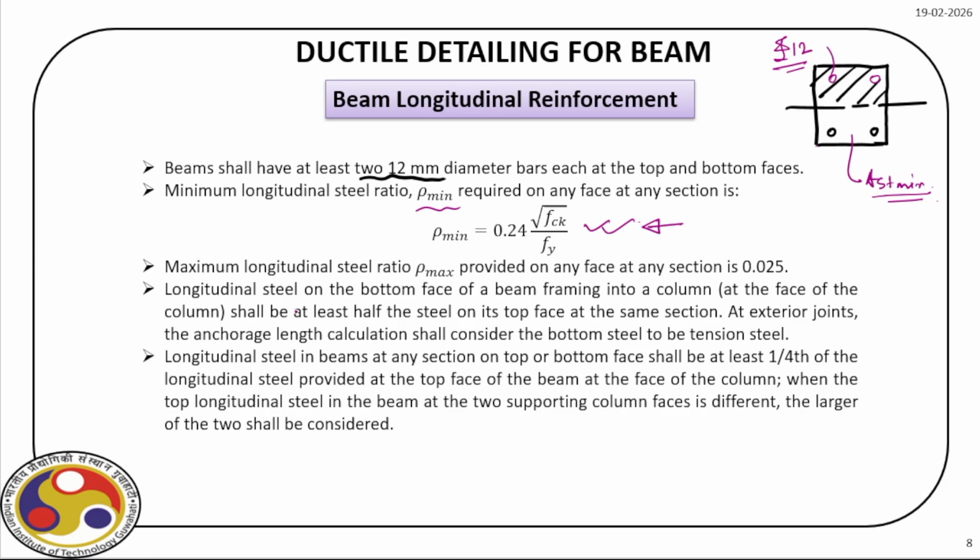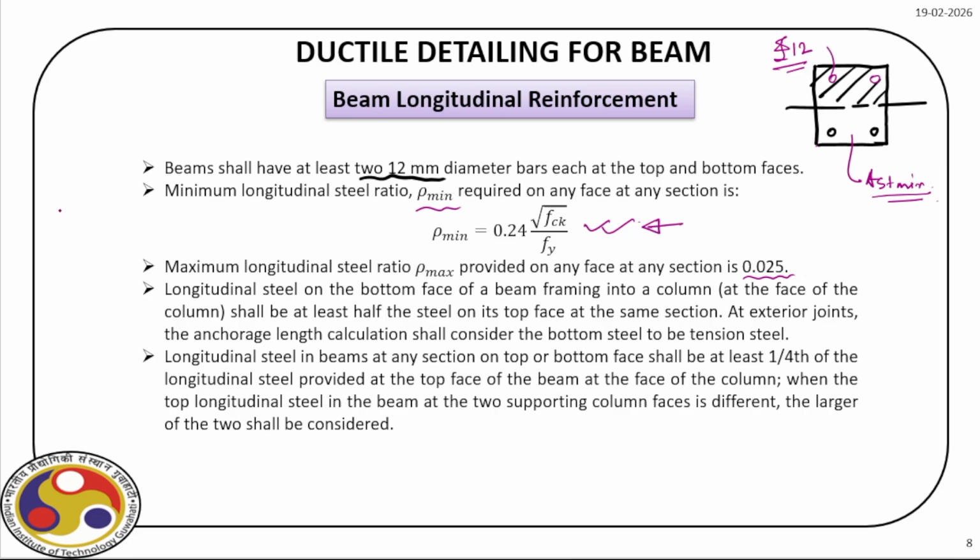So maximum longitudinal steel ratio, rho max, provided on any face at any section is 0.025. Then longitudinal steel on the bottom face of the beam framing into a column at the face of the column shall be at least half the steel on its top face at the same section. At exterior joints, the anchorage length calculation shall consider the bottom steel to be tension steel.